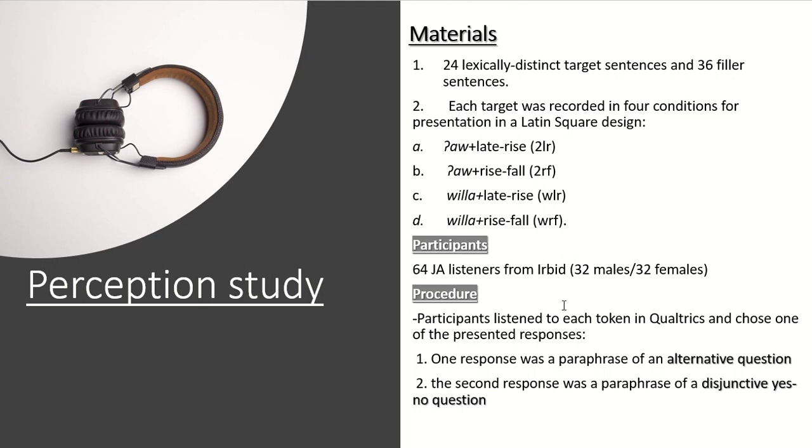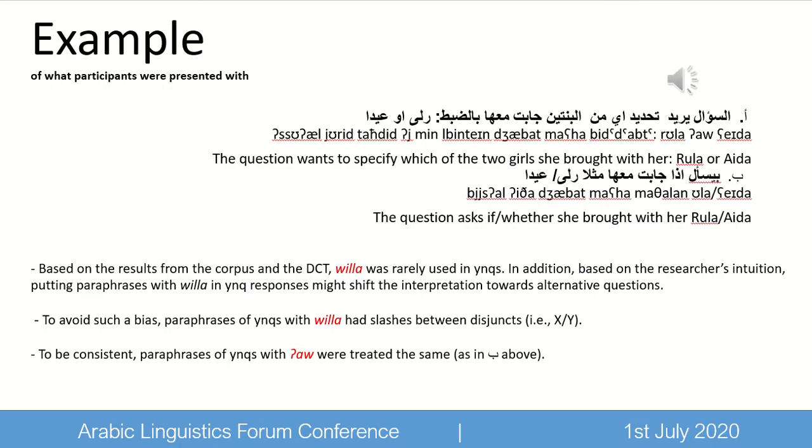Participants listened to each token in Qualtrics, and they selected one of the presented responses. One of the responses was a paraphrase of alternative question, and the other one was a paraphrase of yes no questions.